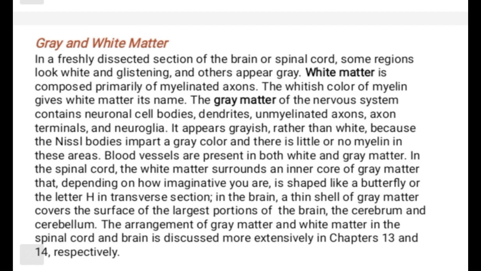The arrangement of gray matter and white matter in the spinal cord and the brain is discussed more extensively in chapters 13 and 14.